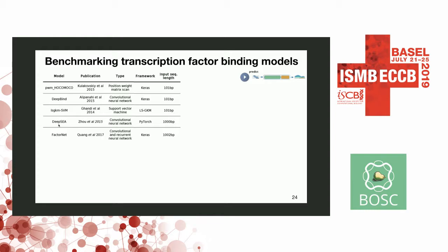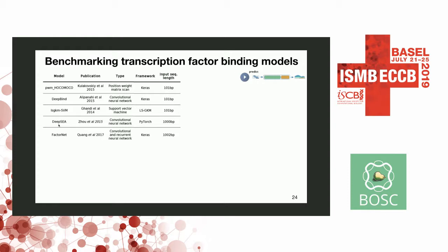So here I'm giving you an example on predicting the binding of transcription factors on DNA. There are several classes of model out there, and these are 5 models that we've implemented in Kipoi. The first one you see here is a so-called position weight matrix scanning. It's a very simple model that looks at a very narrow region in the DNA.